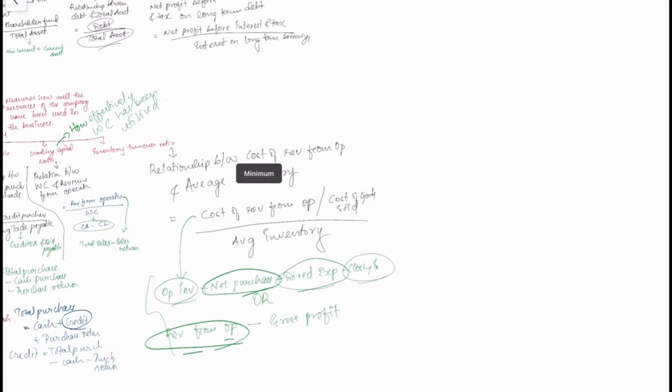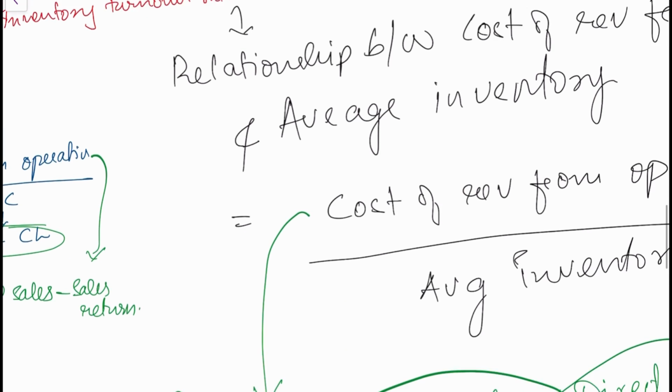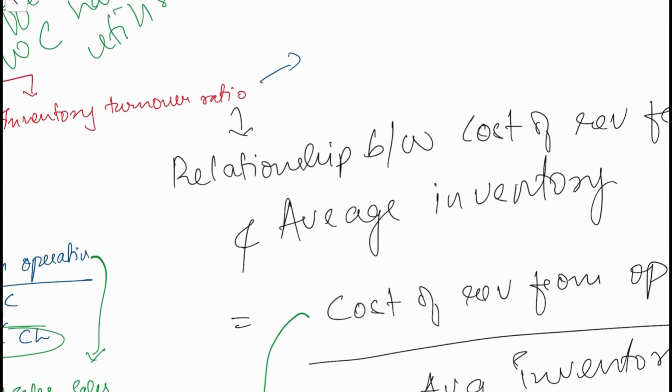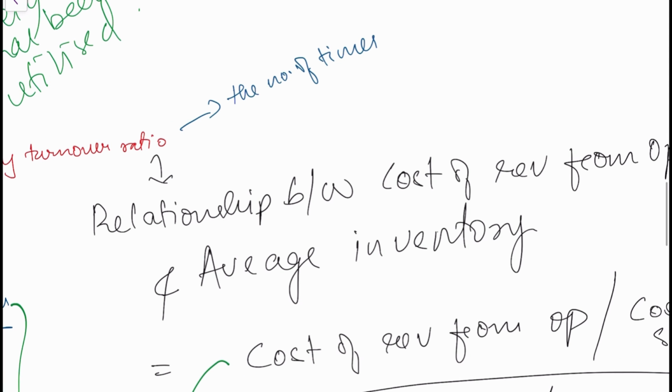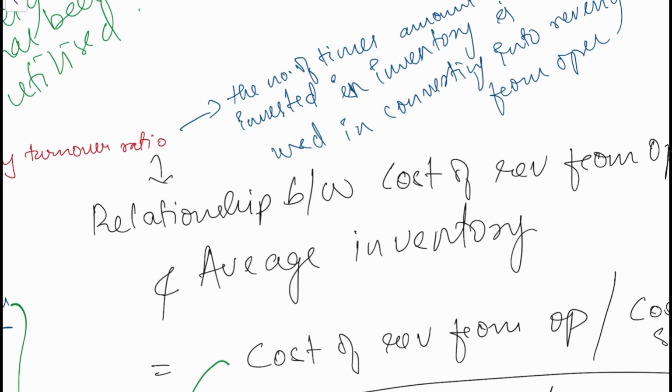So in short, this inventory turnover ratio shows the number of times the amount invested in inventory is used in converting into revenue from operation.